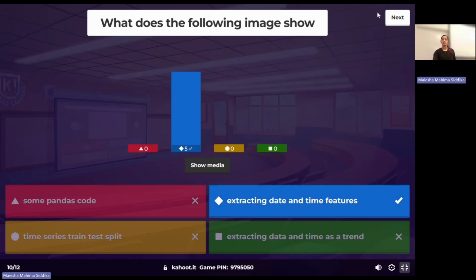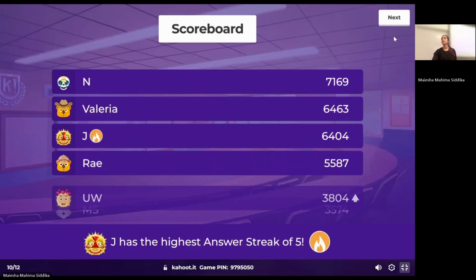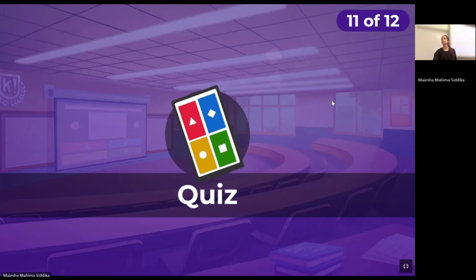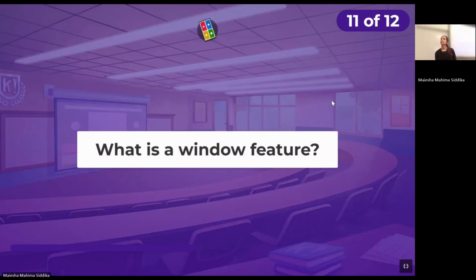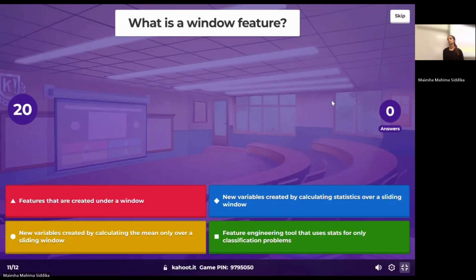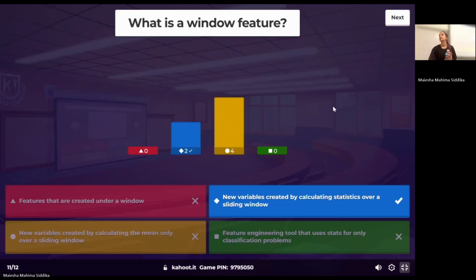Okay, so it's extracting date and time features. So a window feature is a new variable that's created by calculating statistics over a sliding window.